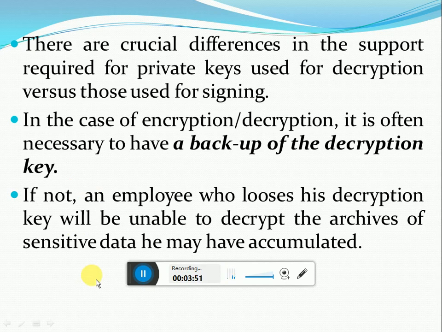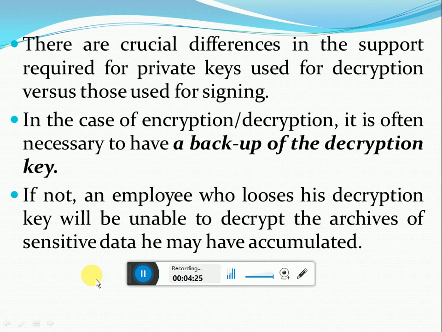For this reason, the public key infrastructure within an organization, for example, might hold the private keys in safe custody. That is, it may be securely backed up and made available to the owner or the trusted authority under special circumstances. On the other hand, there is no need to back up a private key used for signing.